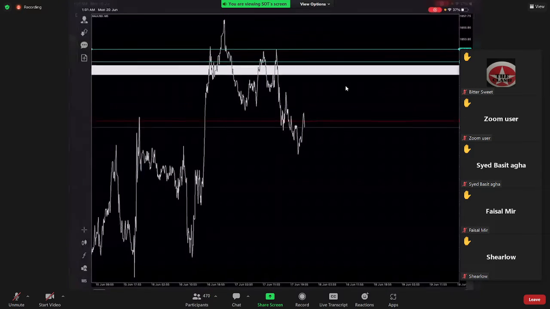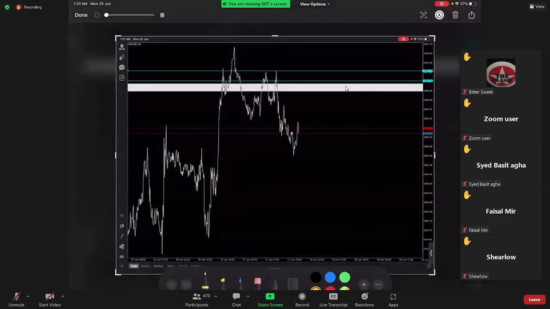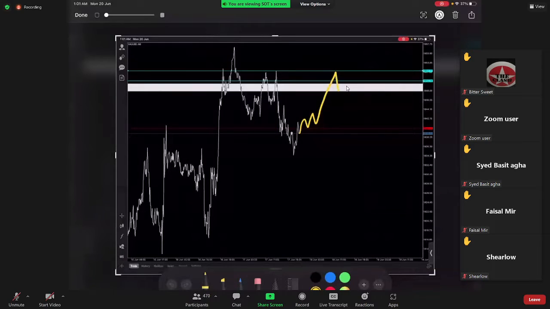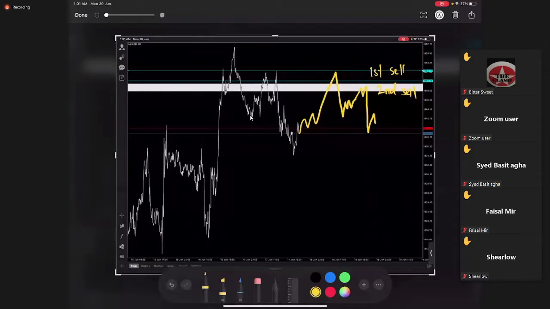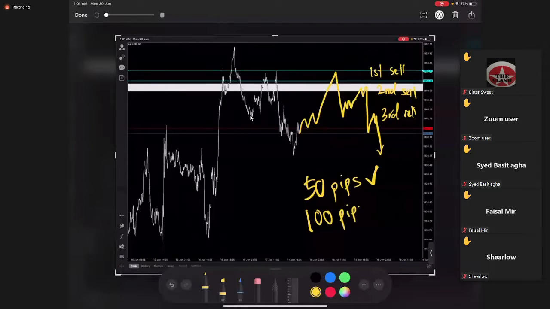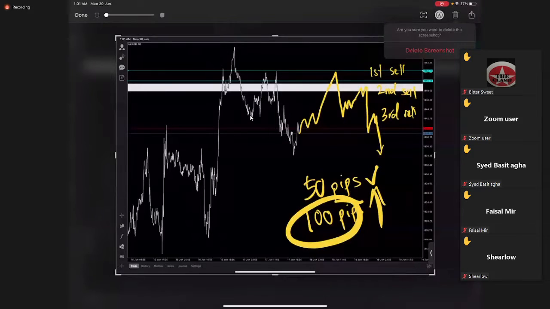We can try sell. If breakout, this is second cell. This is first cell. If breakout, this is third cell. Until 50 pips. Confirm. Until 100 pips. Potential more than this pips.